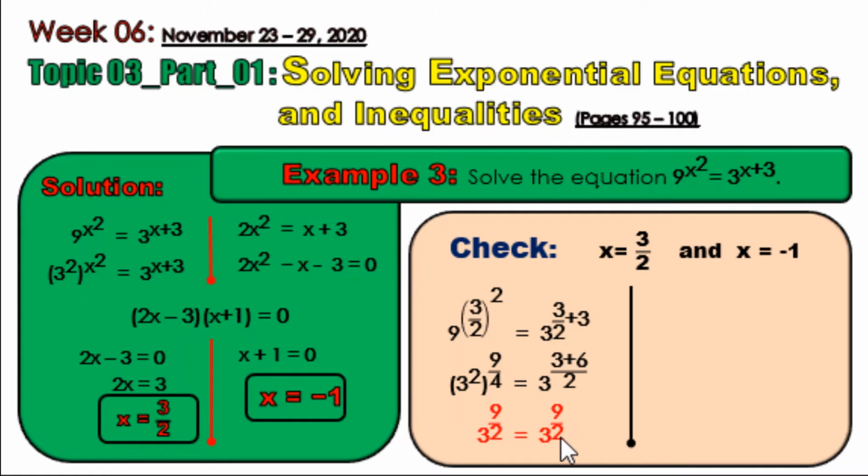Copy the denominator, and therefore we have 3 raised to 9/2 is equal to 3 raised to 9/2. So therefore, one of the values of x for this exponential equation is 3/2. Now let us check if we have x is equal to negative 1.